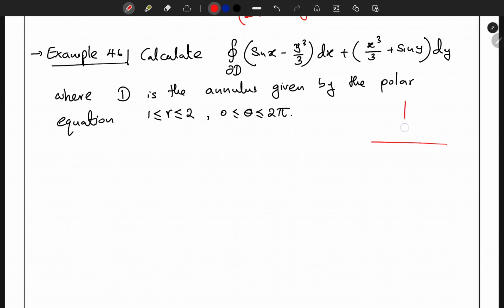Let me draw the picture. So r in between 1 and 2 means circles of radius 1 and 2. Theta 0 to 2 pi meaning a full circle. So this is the region we are working on. So this is D.